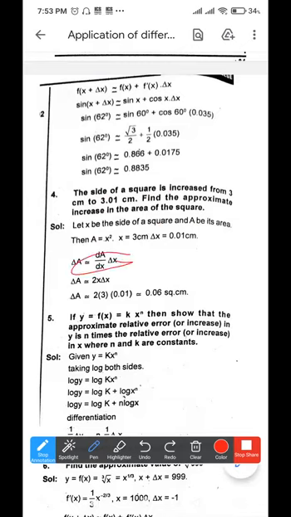Now, delta A is equal to 2x into delta x. The value of x is 3 and delta x is 0.01. Right, 2 threes are 6, 6 into 0.01 is 0.06.